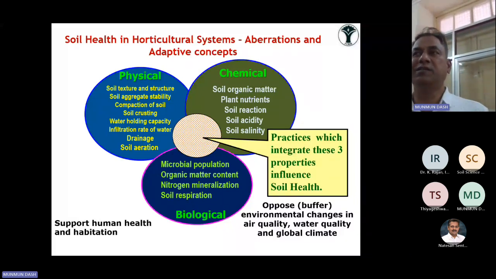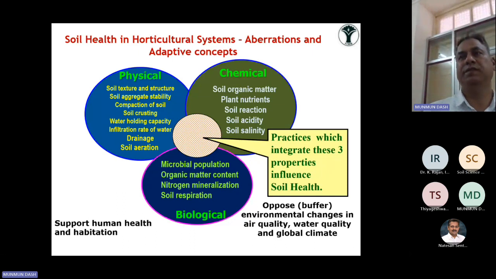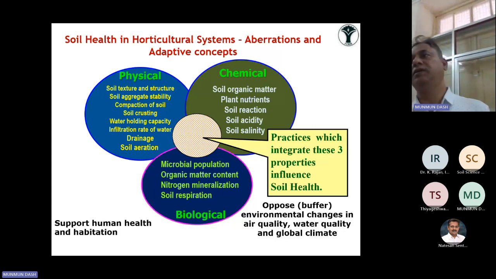But behind that, there are a lot of complications, a lot of indicators required to assess, and a lot of properties to assess soil health. These are some of the properties where we can integrate all three: physical, chemical, and biological processes. I've listed some of the basic properties that form components of soil health.